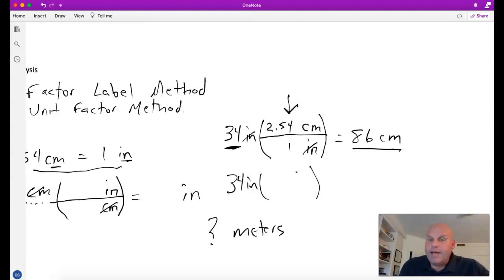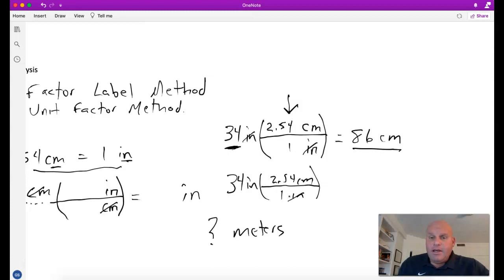If I did, I could do that in one step in one conversion factor. But I do know pretty easily, because it's a conversion factor I use quite a bit, that 2.54 centimeters equals 1 inch.